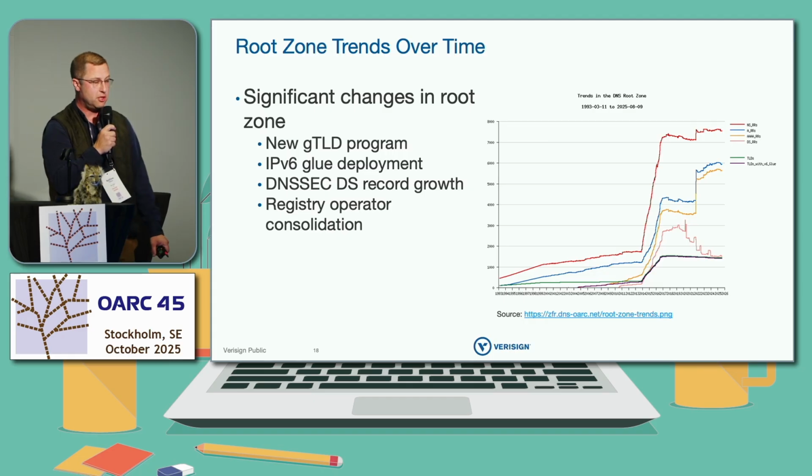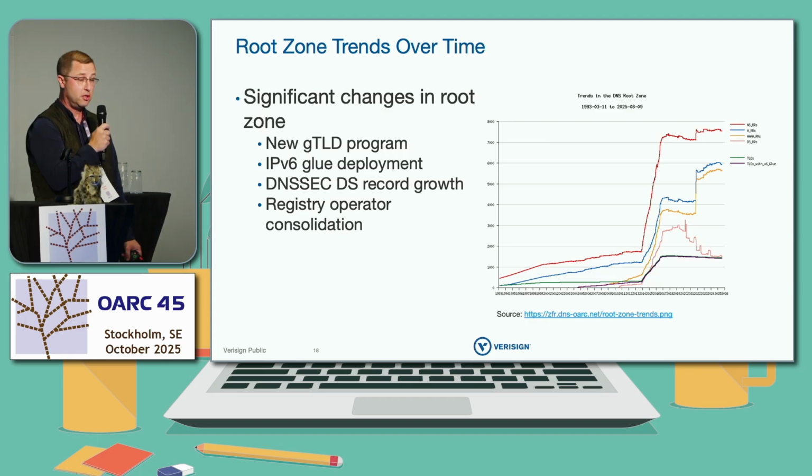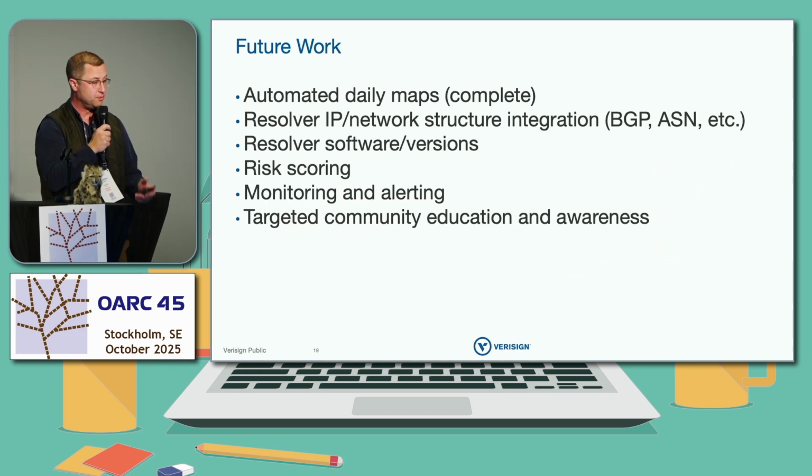This is a figure generated by Verisign's Duane Wessels, hosted on DNS-OARC, that looks at the different types of records inside the root zone over time. You can see major deployments like the new gTLD deployment, which I guess we're going to have the new gTLDs soon. You have IPv6, DS record growth, and then you also have the registry operator consolidation, like I mentioned before.